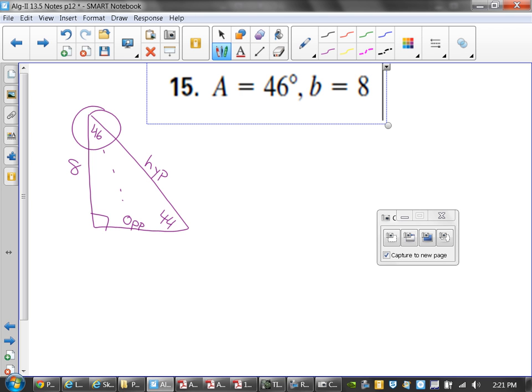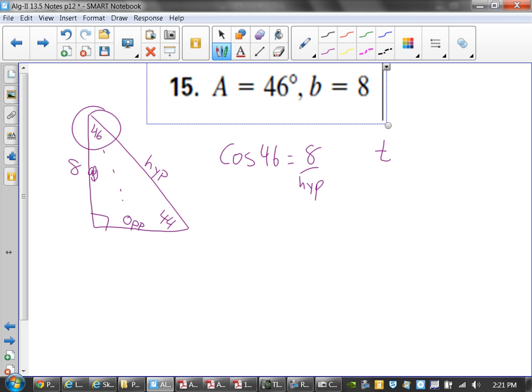The given angle is 46, correct? 8 is your adjacent. So the cosine of 46 is 8 over your hypotenuse. The tangent of 46 is your opposite over 8. To solve for your hypotenuse, do you multiply by 8 or do you divide by the cosine? Divide.